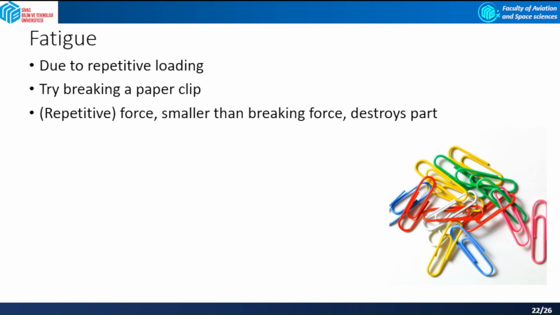So, metal fatigue is similar to the experience of bending a paper clip. You see the paper clips here.